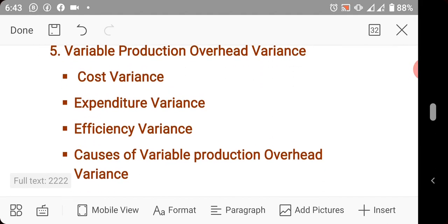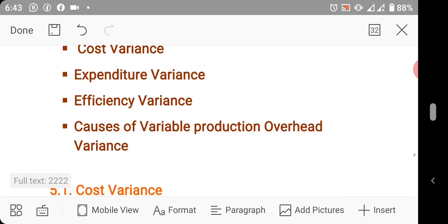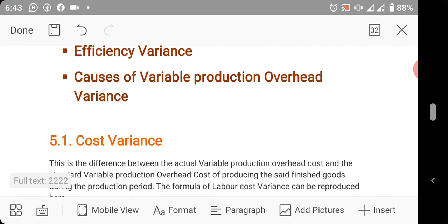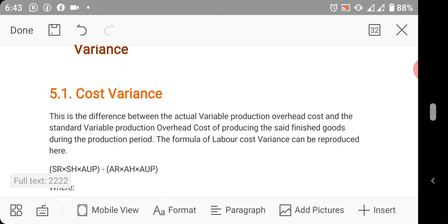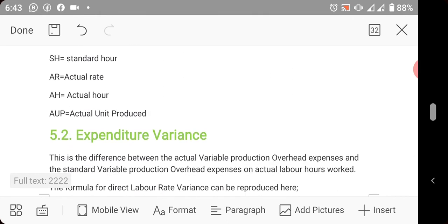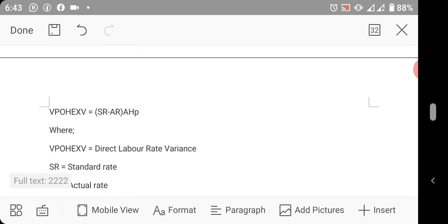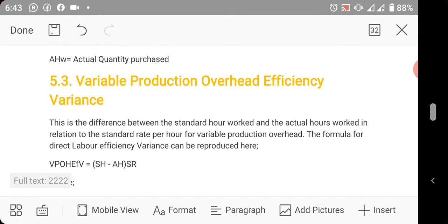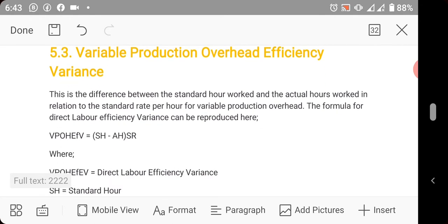The same formula that you used in labor is what you still use here, and you'll be using actual hour worked, not actual hour paid. The cost variance, the expenditure variance and the efficiency variance have the same meaning and the same formula as with labor, so you don't need to bother.